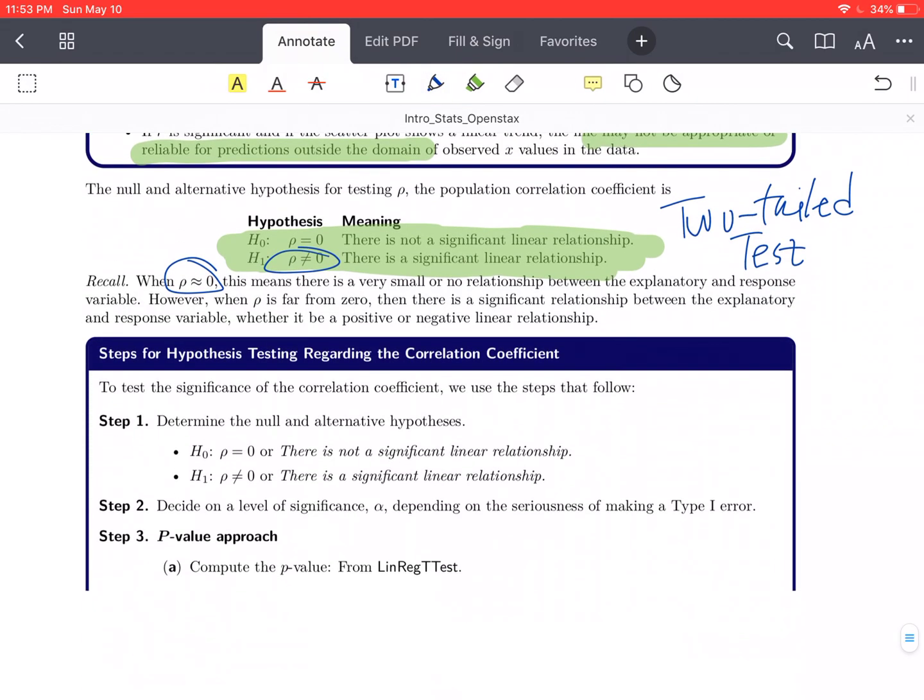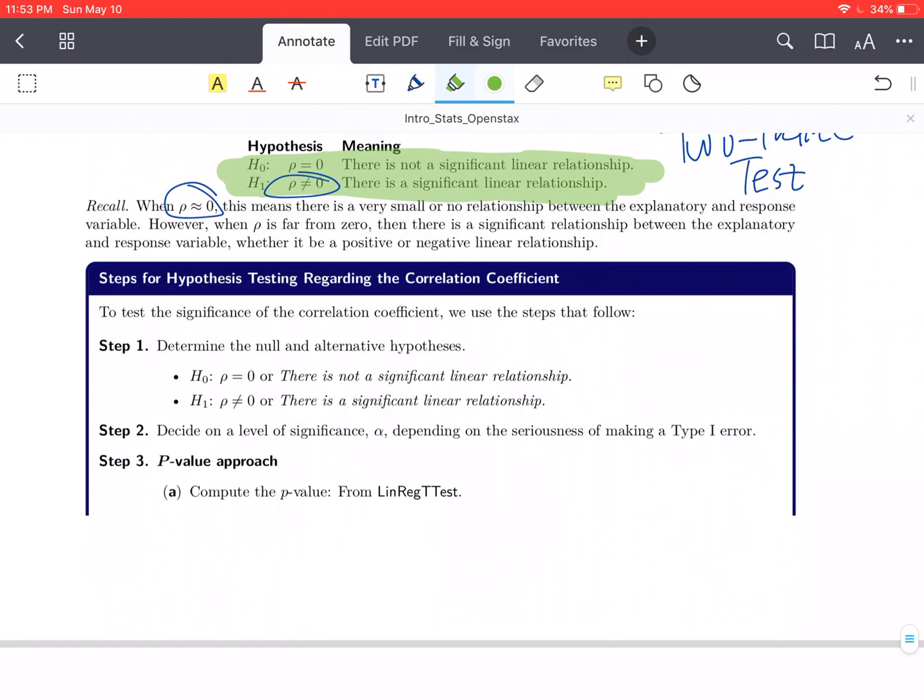So here's our hypothesis test. As always, determine the null and alternative hypotheses, determine your alpha value, and then we're going to use the p-value approach. Let me show you how we're going to do this.